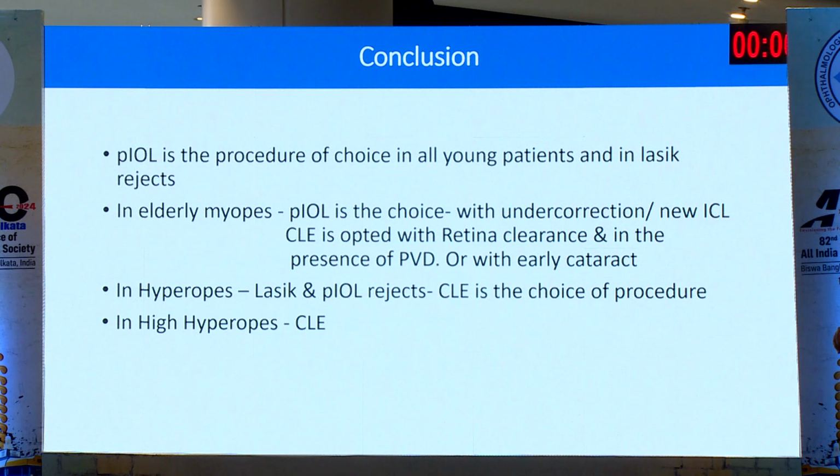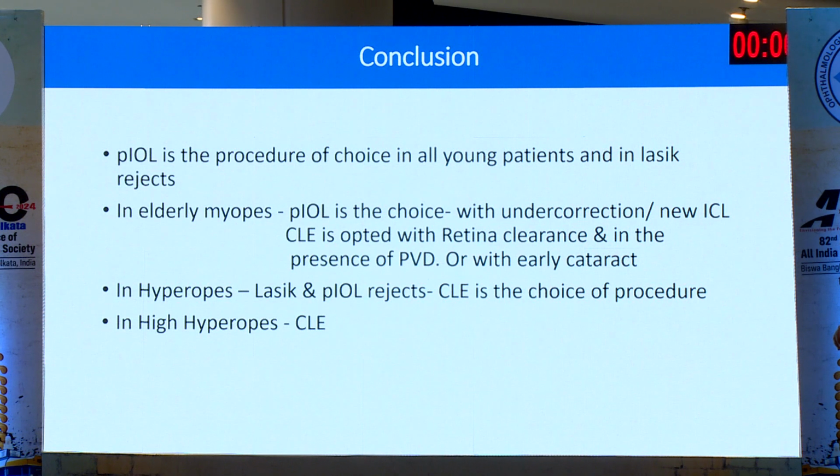We can go for it because it has been recently launched in India. Clear lens extraction is a choice opted for with retina clearance. That is very important, and it is mandatory.